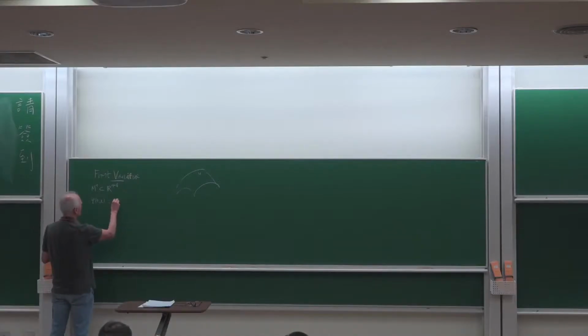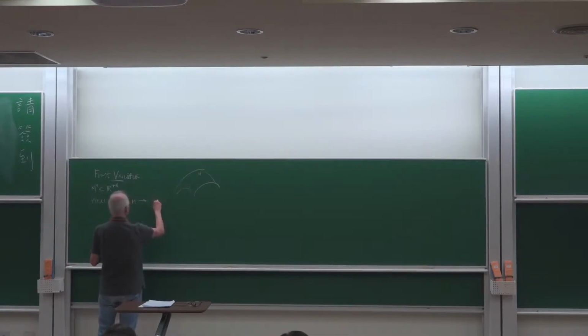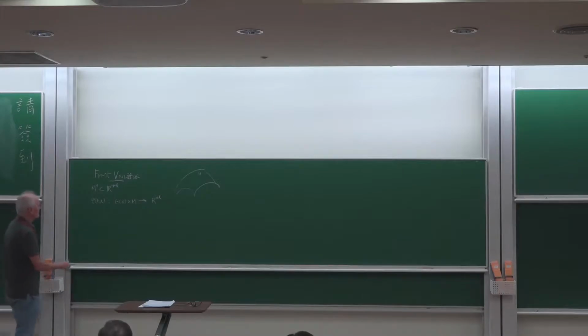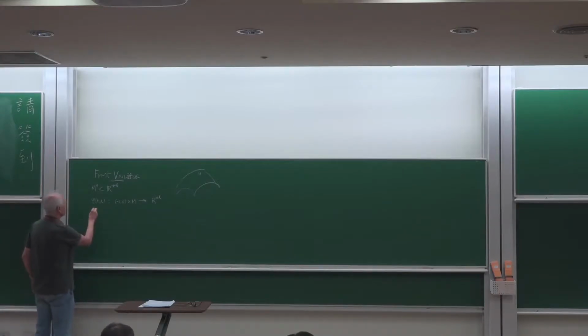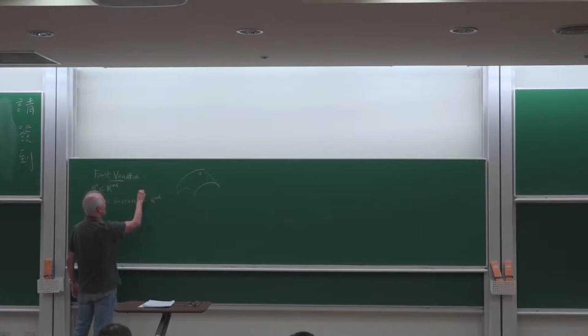That's a map from (-epsilon, epsilon) cross M into R^(n+k), the same space, and it should have the properties that phi is C^2.